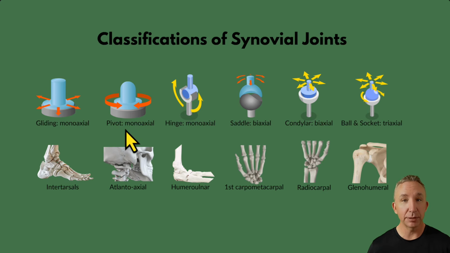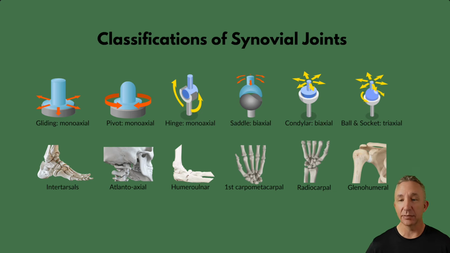You have this projecting process, and we call that the dens or odontoid process of the axis, and that articulates with that inner portion of the atlas. It's held by a ligament, but it creates that rotation that we've talked about. So when we say we pivot and change course, we're pivoting as we move our head, and that's considered monoaxial.